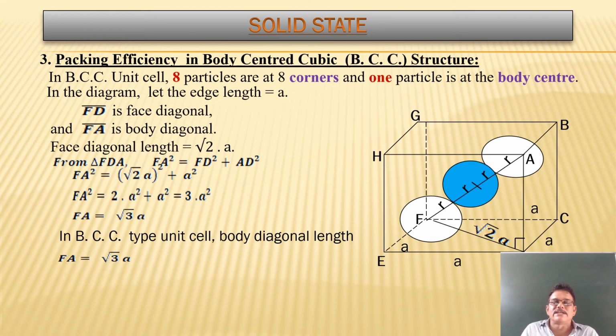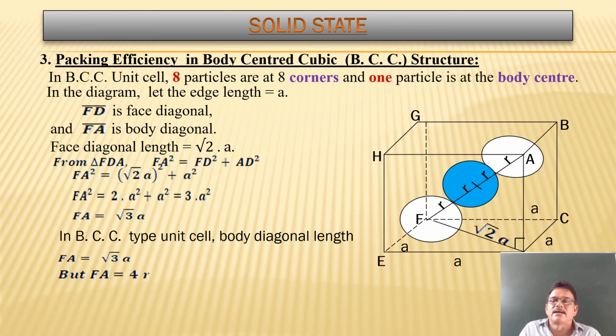The value of root 3 is 1.732. So body diagonal length is 1.732 into a. That means if edge length is given, we can calculate body diagonal length directly by multiplying the edge length with 1.732. Okay, this is another important formula.